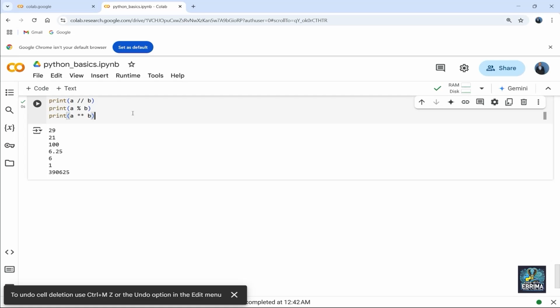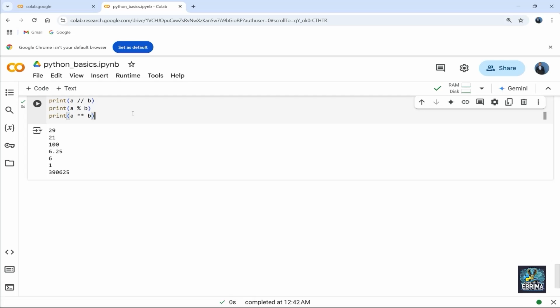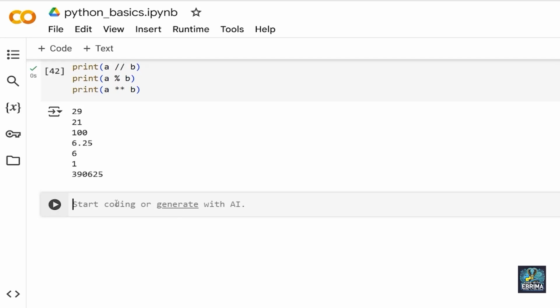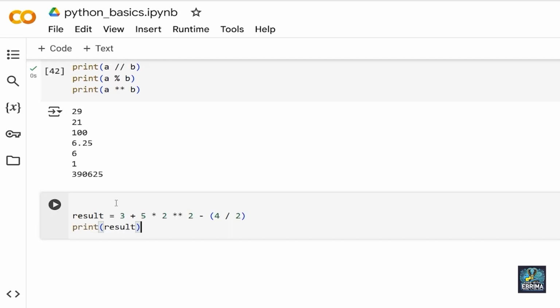Now we are going to continue with the Python operator precedence. I'm just going to paste this code here, and what I want us to do is calculate this result before we load it, according to the Python operator precedence. Let's look at it step by step.